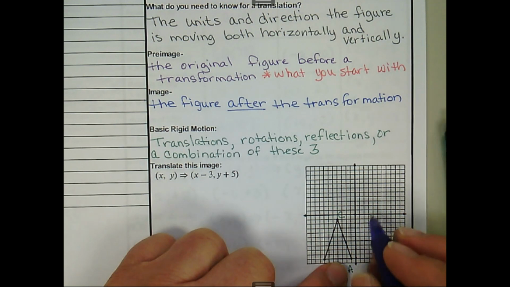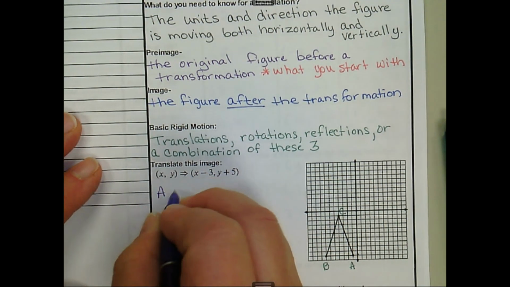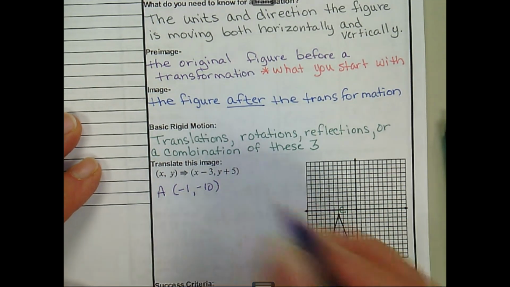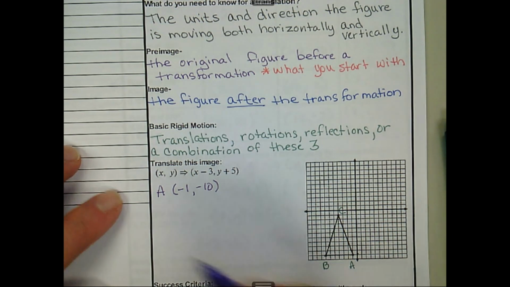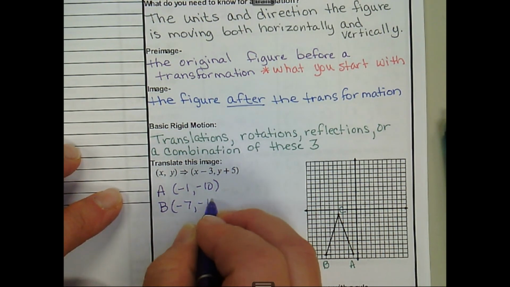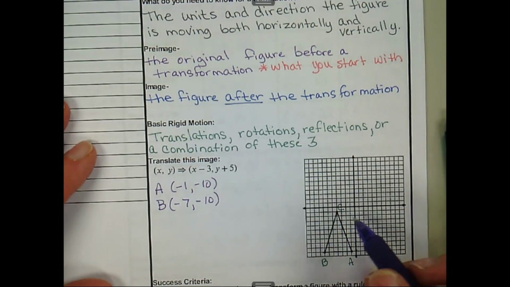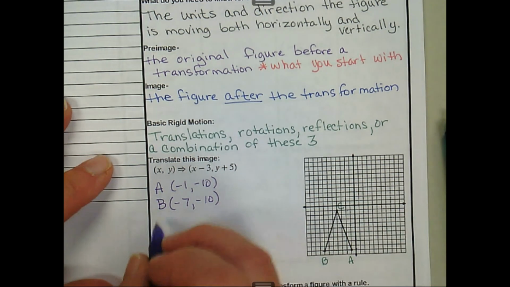Actually, it's -10. So it's -1, -10. B is -7, -10. And C is -4, -1.